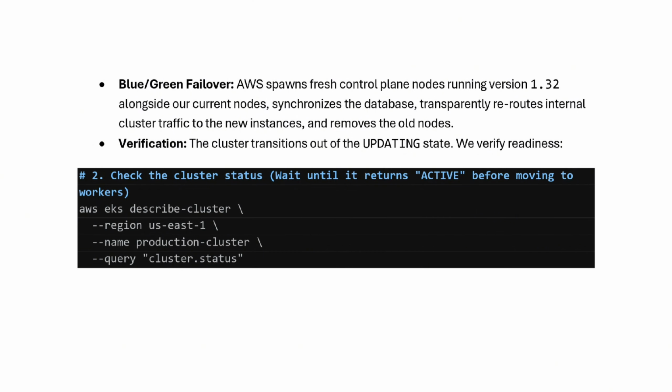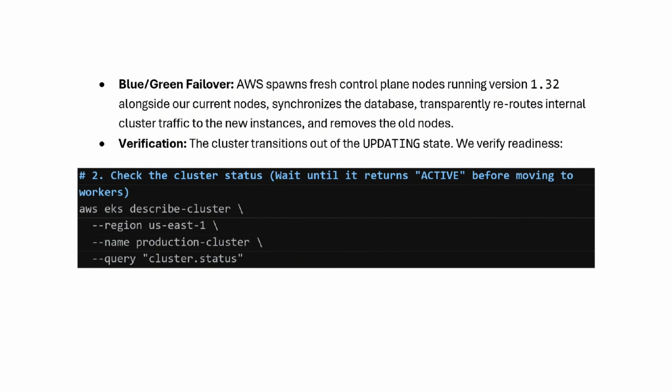AWS spawns fresh control plane nodes running version 1.32 alongside our current nodes, synchronizes the database, transparently reroutes internal cluster traffic to the new instances, and removes the old nodes. So in this, AWS spawns fresh control plane nodes that run with the version which we have specified for the upgrade, that is 1.32, alongside our previous old version nodes, meaning both of them would be present.